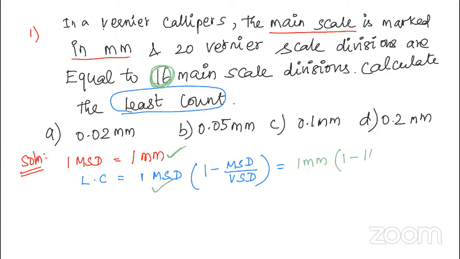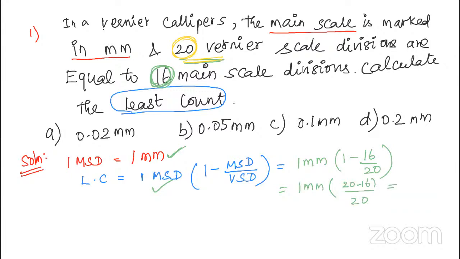So for MSD we take 16 and divide by, for VSD, they have given 20. So now cross multiplying, that is 20 minus 16 divided by 20.